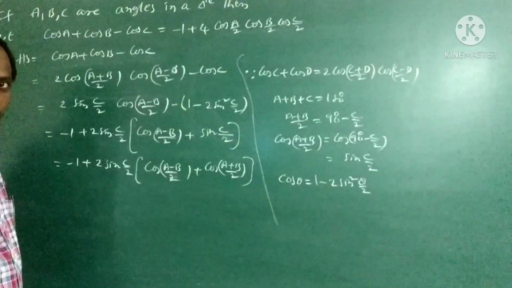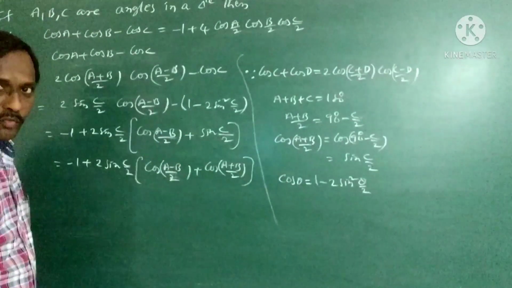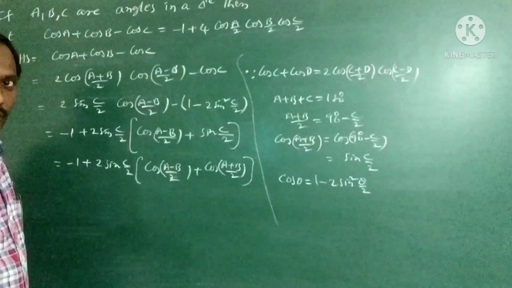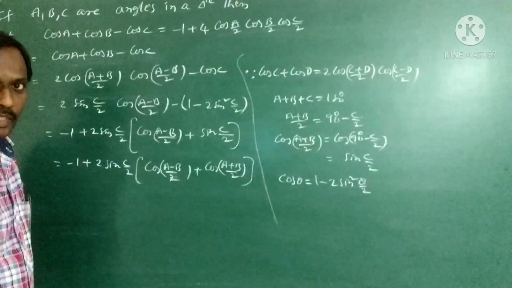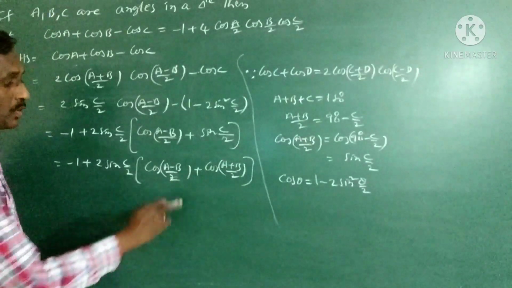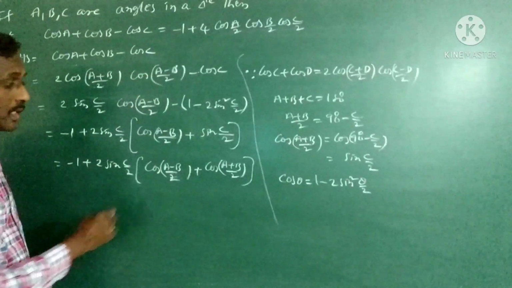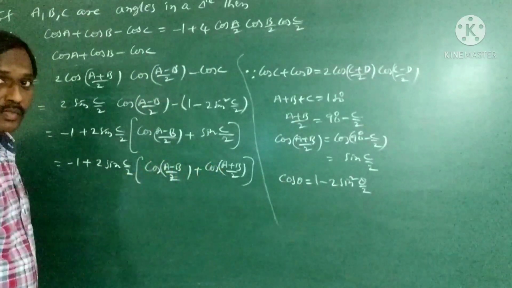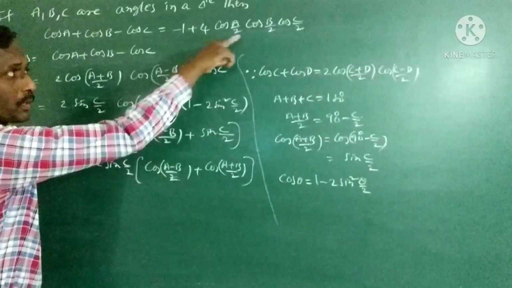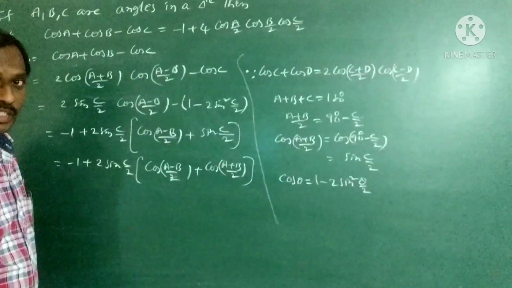Coming to step 5. In step 5, we have the 4 formulas. So you can apply the formula directly. Otherwise, you go to the answer. Here A by 2, B by 2 angles you have to get. What do we have? A by 2, B by 2 functions, cos functions we have.